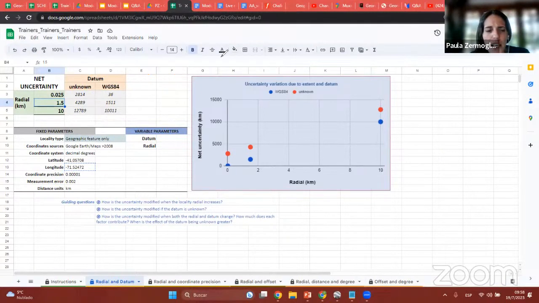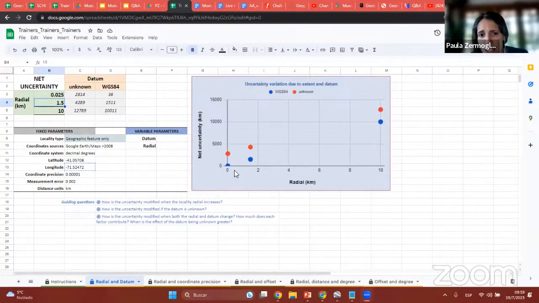So when we complete these values here, the values for each calculation, here you get a plot that is showing the net uncertainty as a function of the radial for each of the conditions of datum, either unknown in red or WGS84 in blue. So what can we see here?